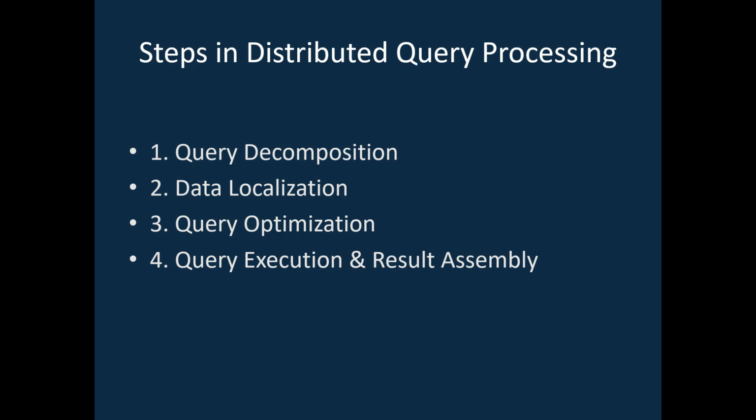Distributed query processing manages these decisions automatically. To achieve this, the process involves three main steps: query decomposition, data localization, and query optimization. And finally comes the query execution, or getting the results.